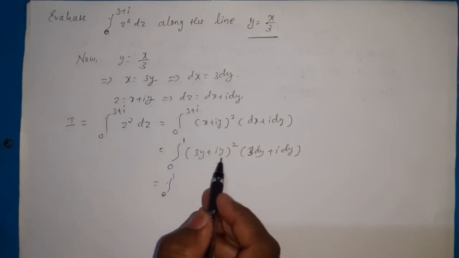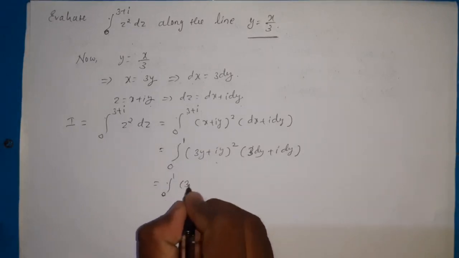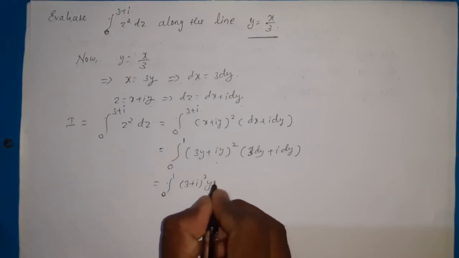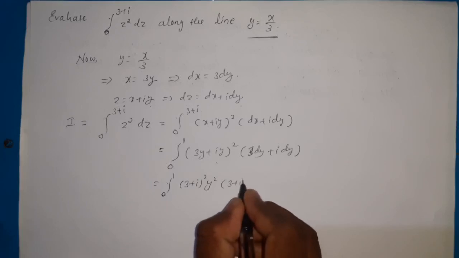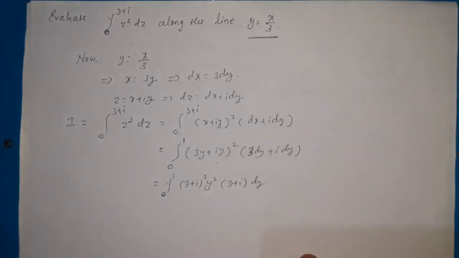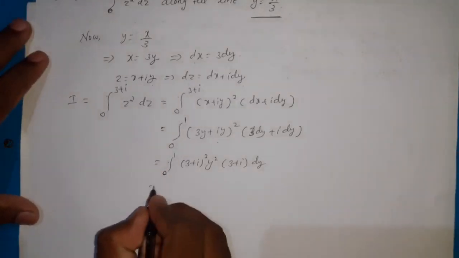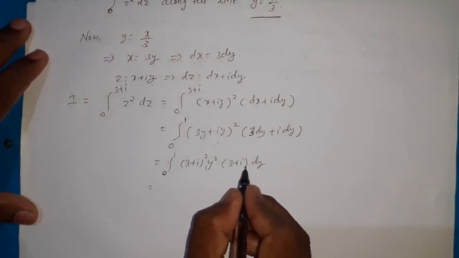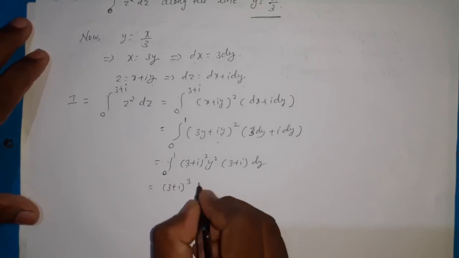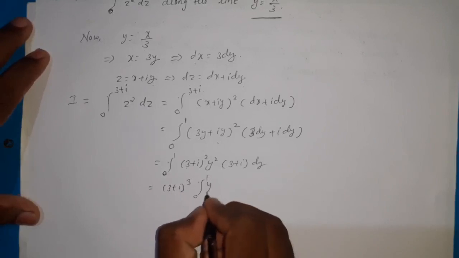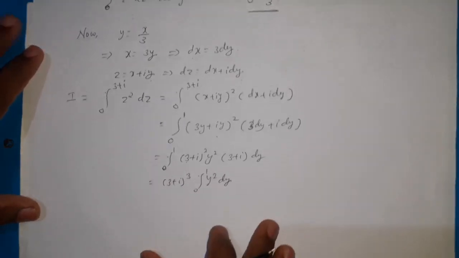Here we can take y common, so the remaining is (3 plus i) whole square into y square, and dy is common with 3 plus i. The constant part is (3 plus i) whole square into (3 plus i), that becomes (3 plus i) whole cube, and the remaining is the integral from 0 to 1 of y square dy.